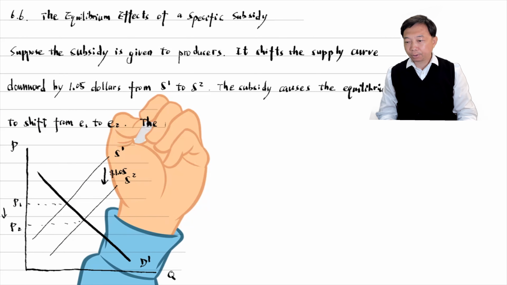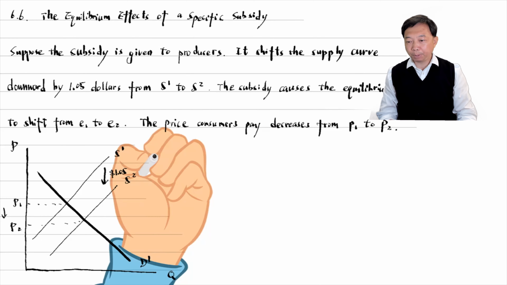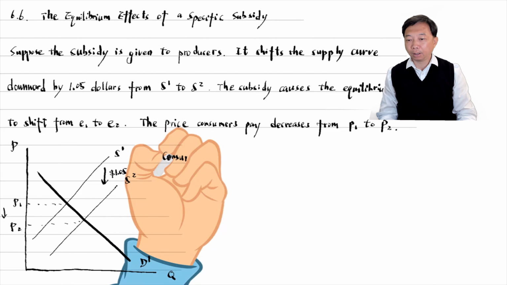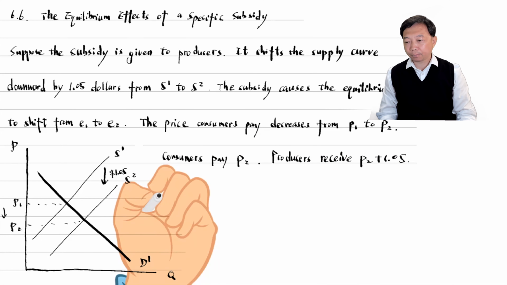The price consumers pay decreases from P1 to P2. P1 is the equilibrium price before the subsidy. P2 is lower than P1, so consumers enjoy part of the subsidy.